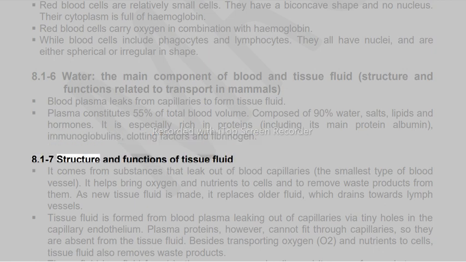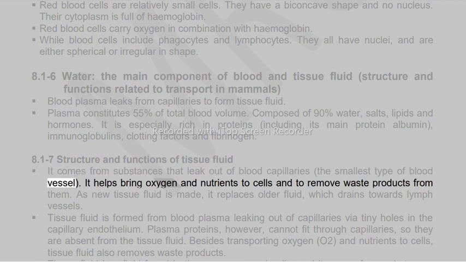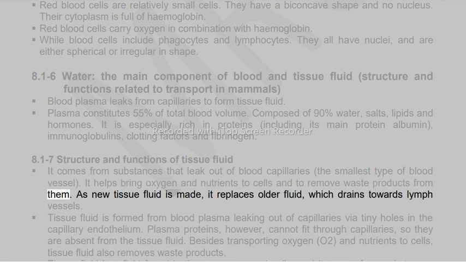8.1 to 7 Structure and functions of tissue fluid. It comes from substances that leak out of blood capillaries, the smallest type of blood vessel. It helps bring oxygen and nutrients to cells and to remove waste products from them. As new tissue fluid is made, it replaces older fluid, which drains towards lymph vessels.